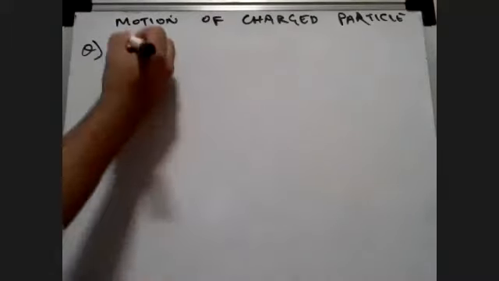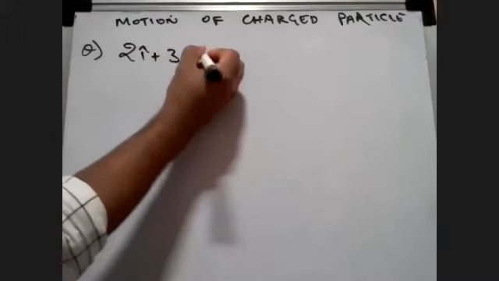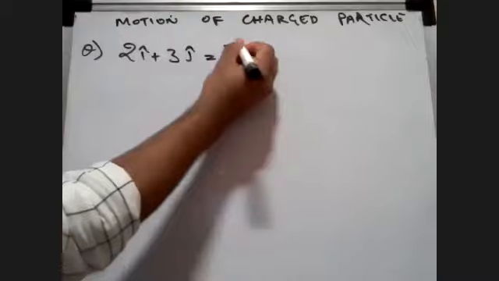First question: if an electron is having a velocity, let's say 2i plus 3j cap. This is my velocity vector.